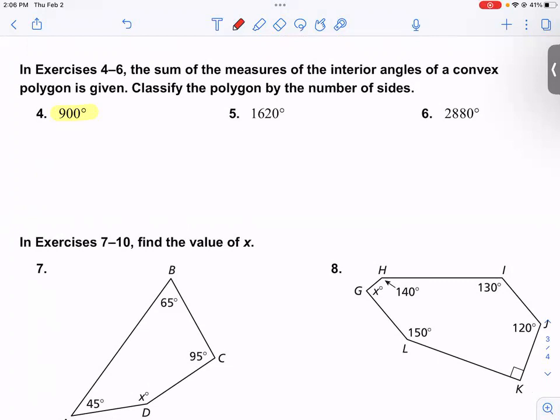How would we set that up without looking at your chart? So 900 divided by 180 gives us what? 5. So it's a pentagon?